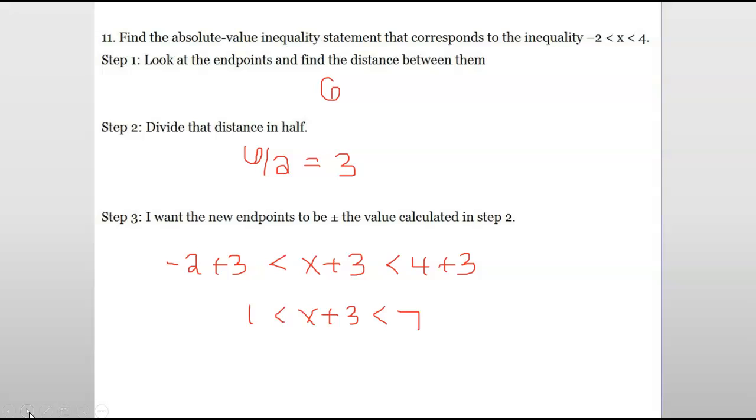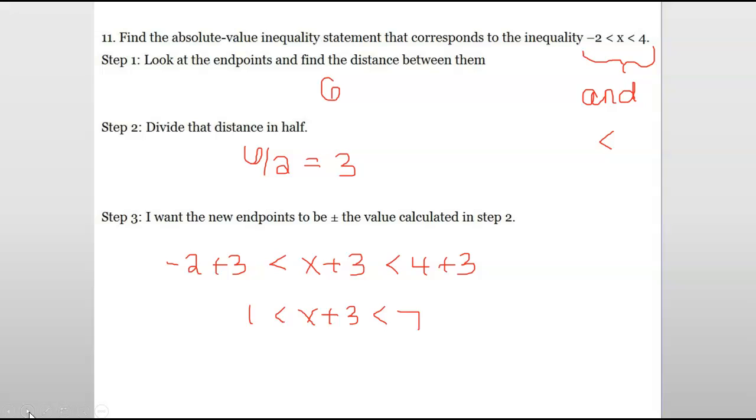So up here, when your answer is written as a single inequality, we know that this is an "and" problem, and "and" problems are less than. So when you're looking for the absolute value of an "and" problem, you want the absolute value to be less than the number.